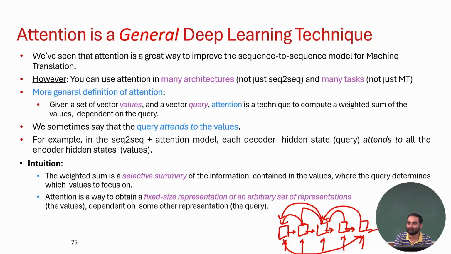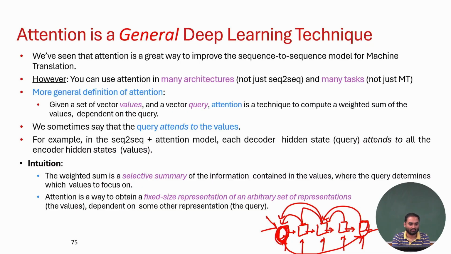No. Why? It's a temporal model. It's a sequence model. When you are planning to generate this state, you don't have any idea about this state, right? So forward dependency is not possible. Backward dependency is possible. But anyway, attention can be used in a normal RNN setup.